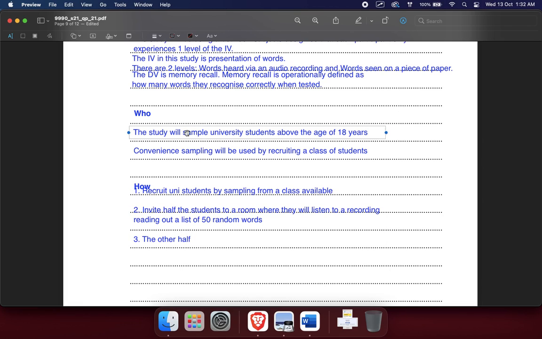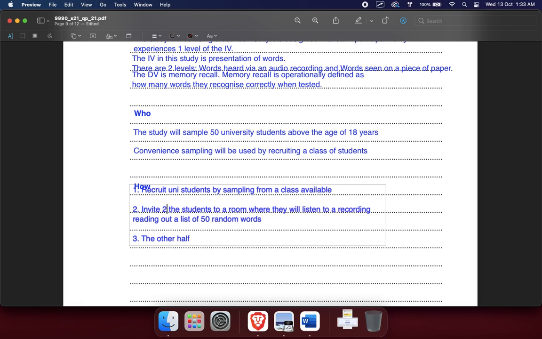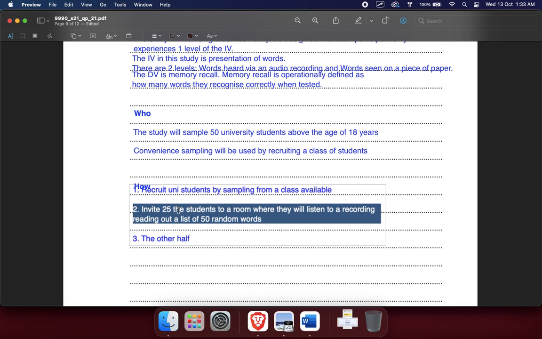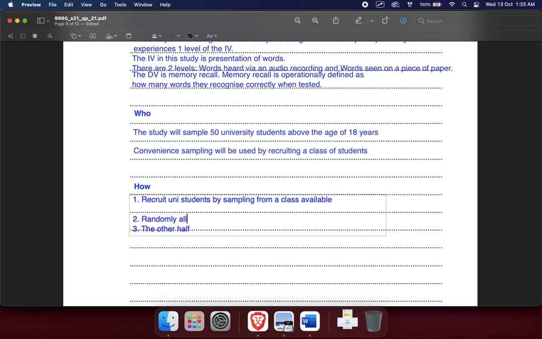Let's just say 100 university students. Okay, 50. Invite 25. Let me rephrase this. Randomly allocate 25 students to one condition.